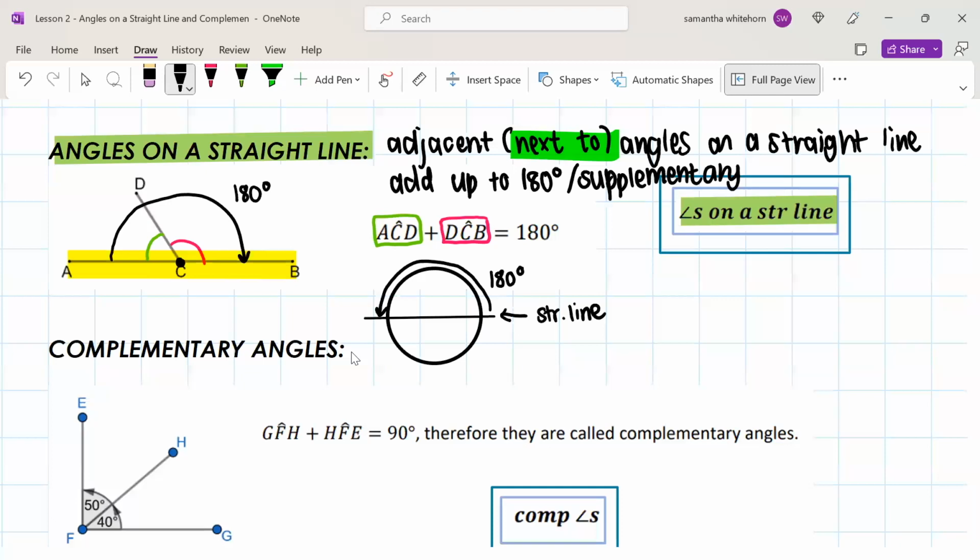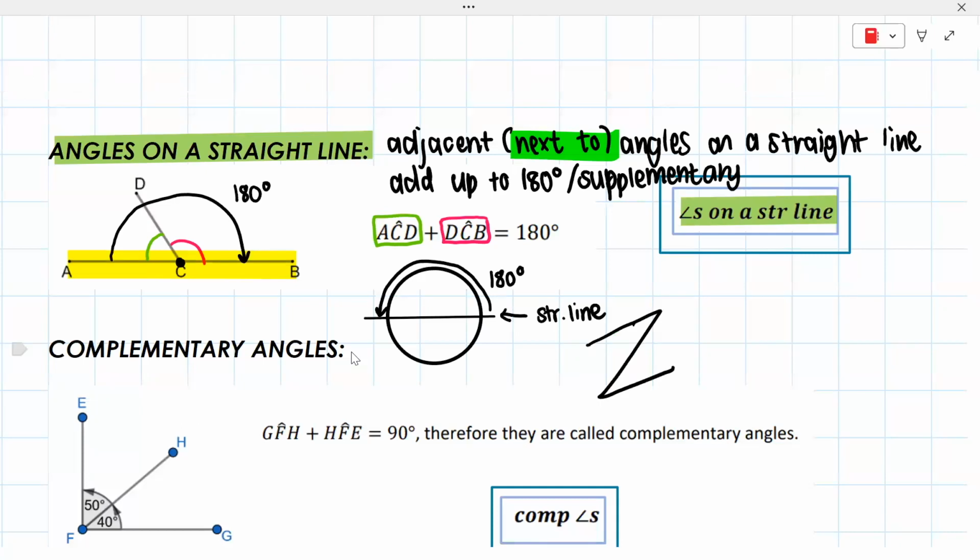Ma'am, I'm asking, if it were to be a letter Z, would it still be adjacent or not? Are you asking me that if you had a shape like this, would those two angles be adjacent? Yes. All right, so as I've said, what you are talking about is parallel lines. We are not doing that right now. We will get there, but we're not doing that right now. But no, they're not adjacent. They're not next to each other. Okay, ma'am.